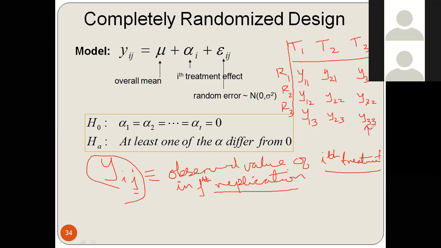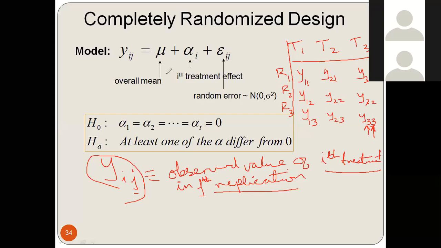Three, the treatment. The second digit three indicating the replicate. All right. So this is how we write down each and every observation.